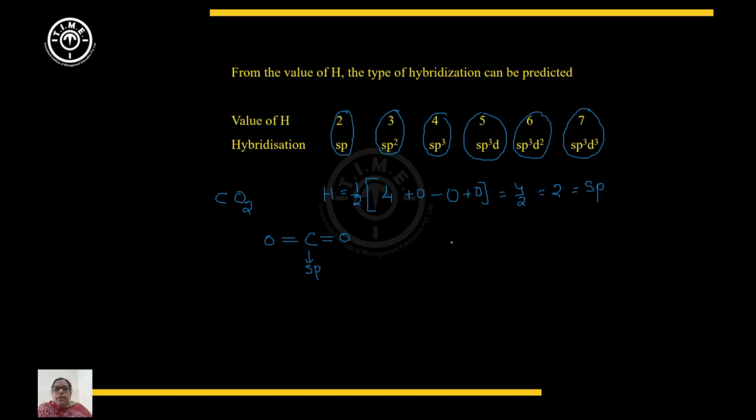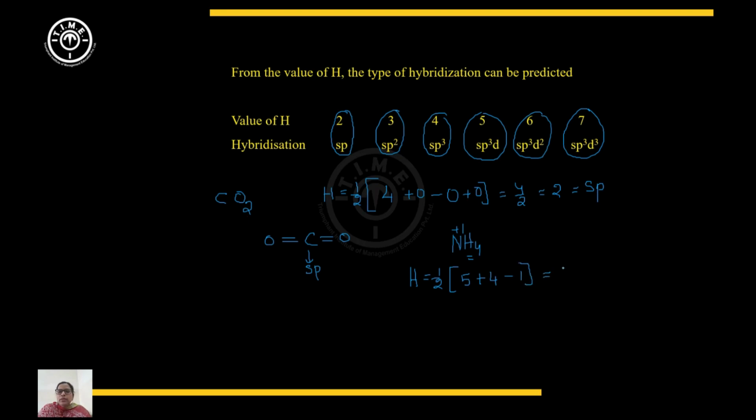Similarly, if you take one more example of ammonium ion NH4 plus, here the central atom is nitrogen and H value is equal to 1 by 2, and nitrogen valence electrons are 5, monovalent atoms are 4, and one positive ion is there, so magnitude is 1.